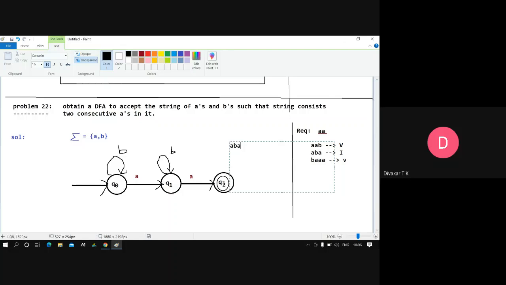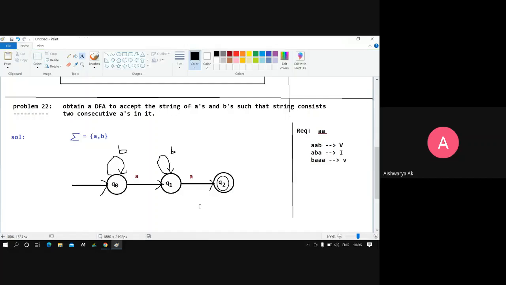Next, I'll tell you one more thing. If I put the A symbol on Q2, then is it possible? Yes, sir, if Q2 has a self loop, then it will be possible.